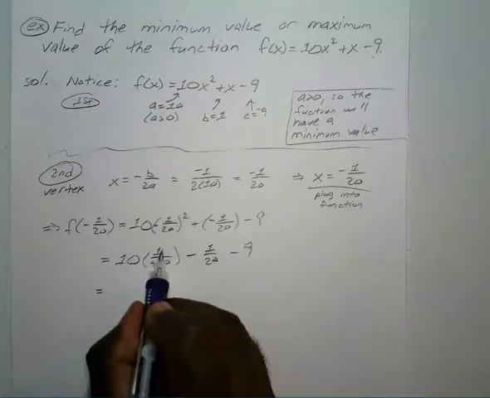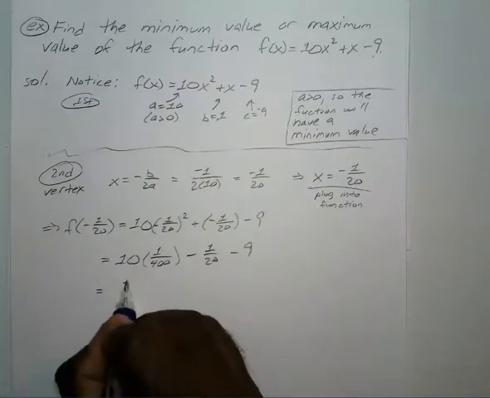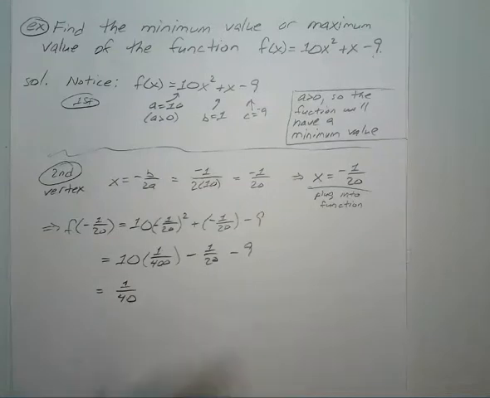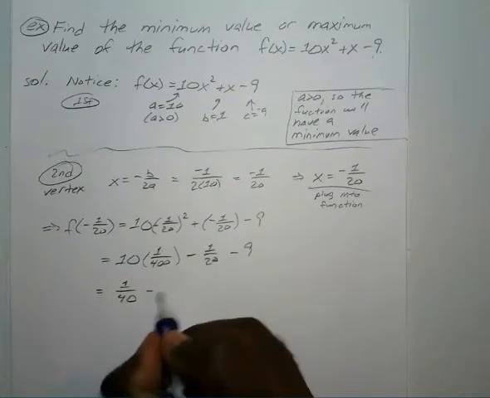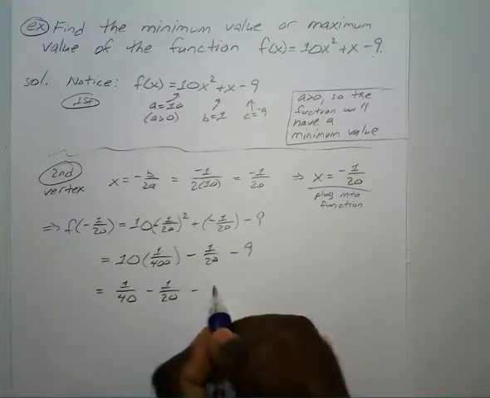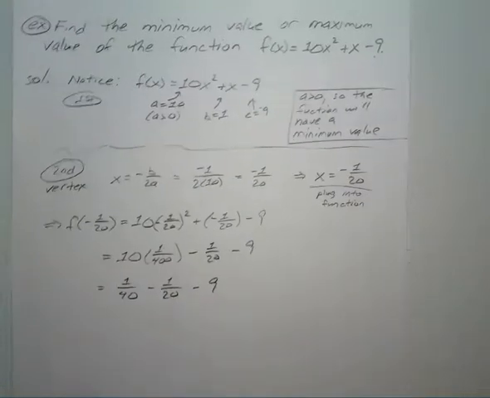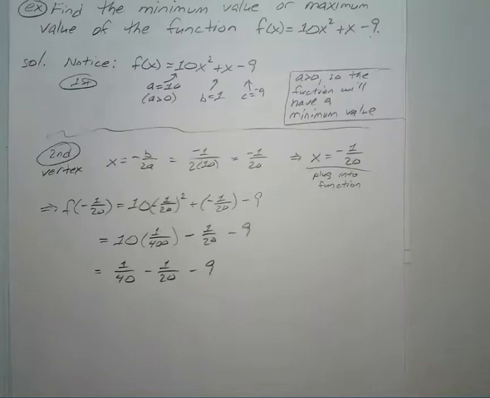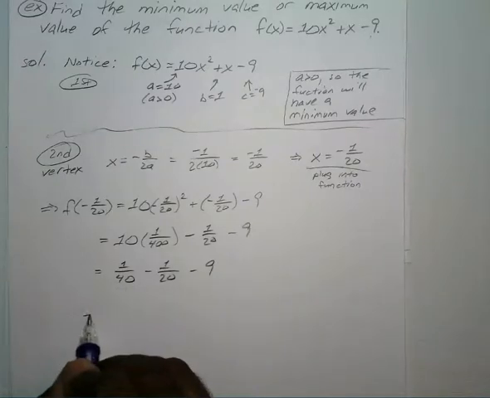So instead of 10 over 400, you'll end up with 1 over 40 minus 1 over 20 minus 9. All right, so we can't add or subtract fractions unless they all have the same denominator.